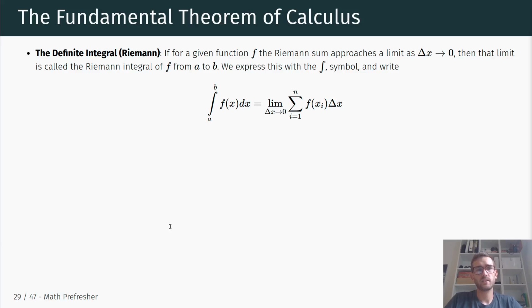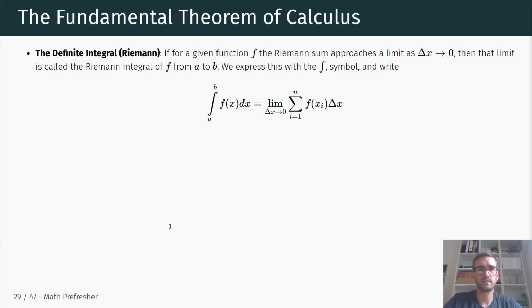So now the point is that for the definite integral of a given function f, we can say that the Riemann sum approaches a limit as delta x approaches 0. So as we make the width of these rectangles smaller and smaller and increase the number of rectangles to approximate the area under that function, then the limit is called the Riemann integral of f over the range a to b.